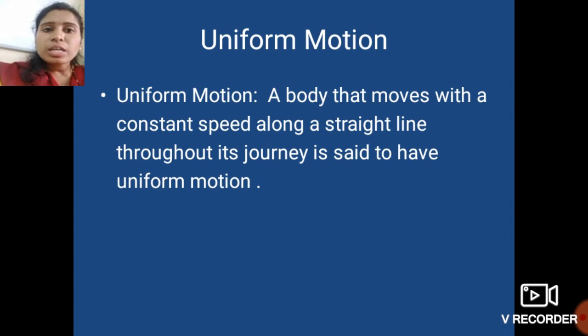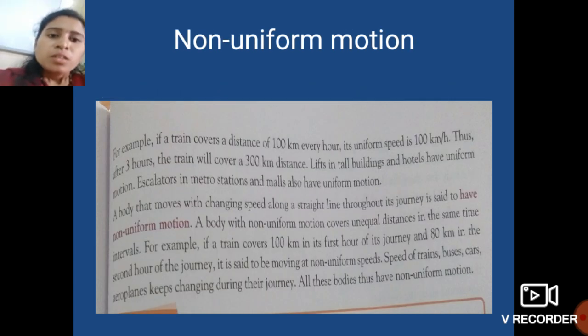Not that sometimes your car becomes very fast and in some areas your car becomes very slow. This is not uniform motion. Whenever a body moves with a constant speed along a straight line throughout its journey, it is said to have uniform motion. Okay students. So what is non-uniform motion?